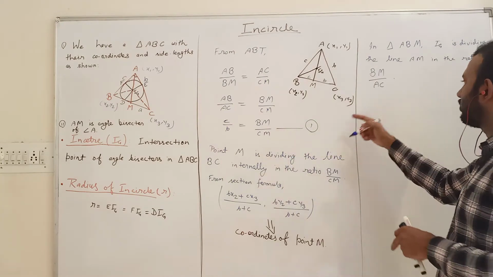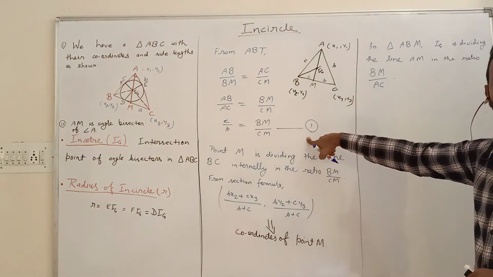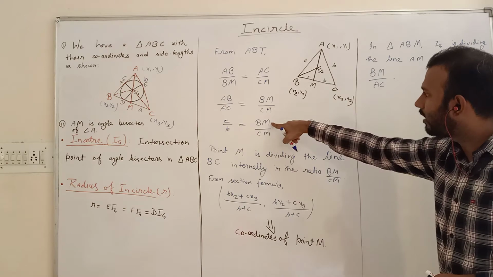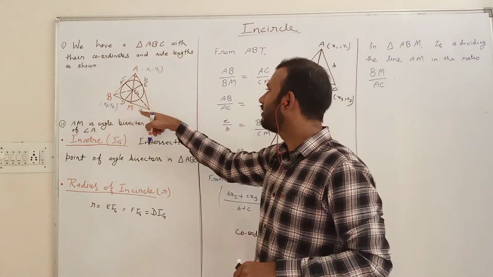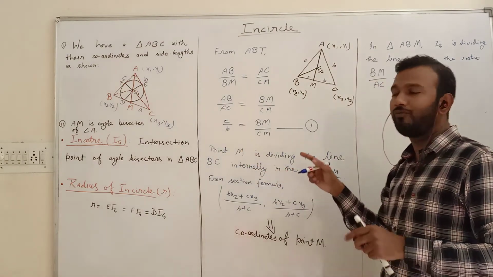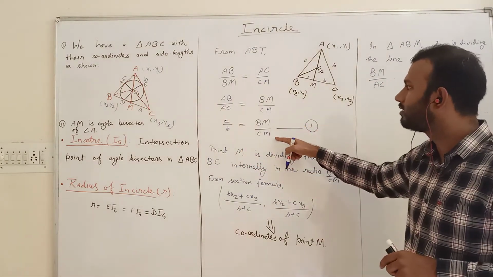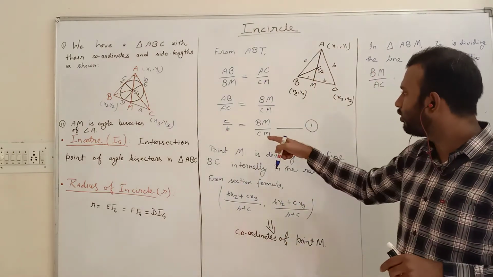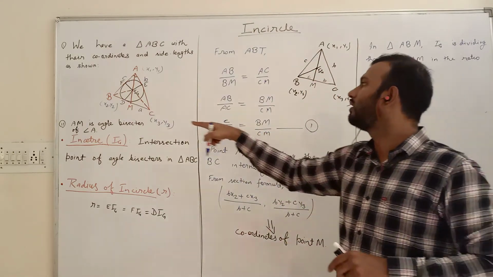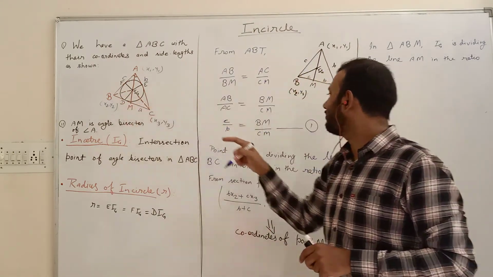Okay. So let's use this formula, and you know that BM and CM here in this diagram, if you add BM plus CM, you will get BC. So you can write CM as BC minus BM.